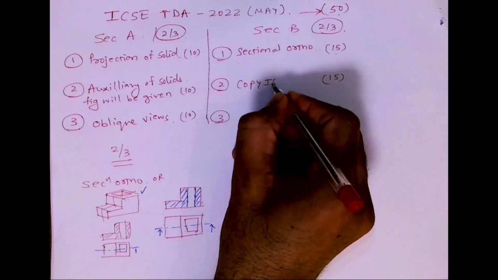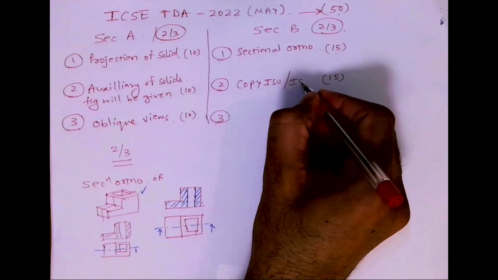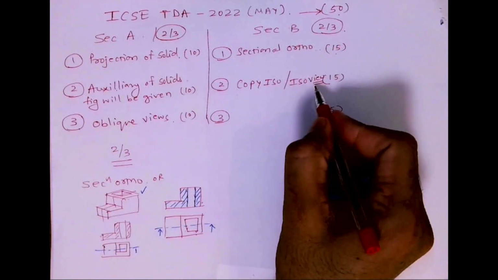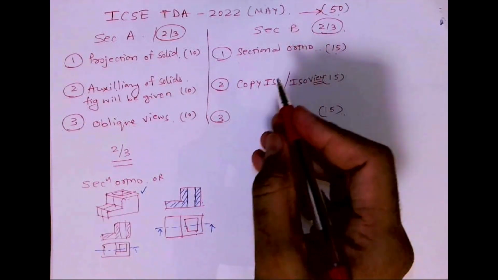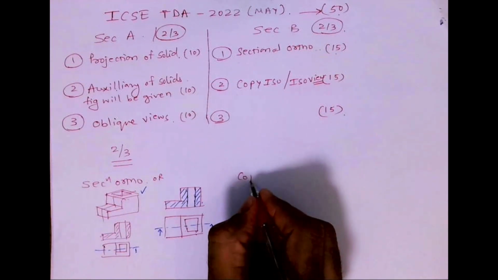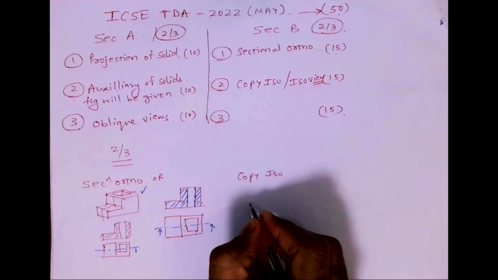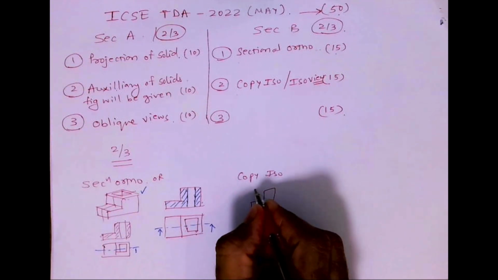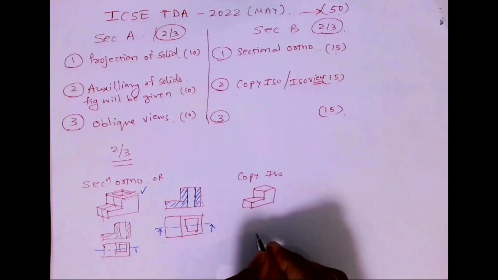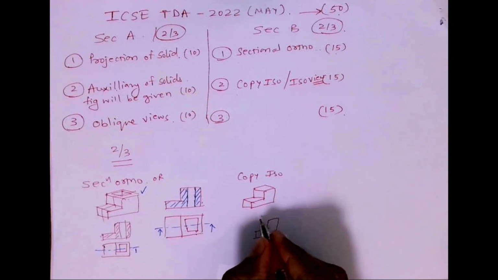Then we have copy ISO and isometric view. Again in this, either they will ask you copy ISO or they'll ask you isometric view. For copy ISO, they will give you a 3D figure and you need to copy that figure as it is.